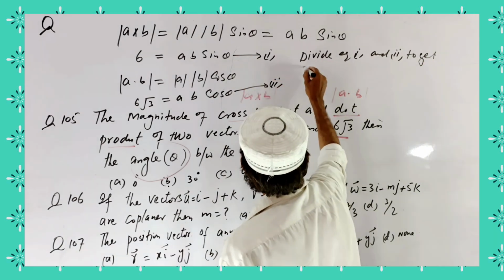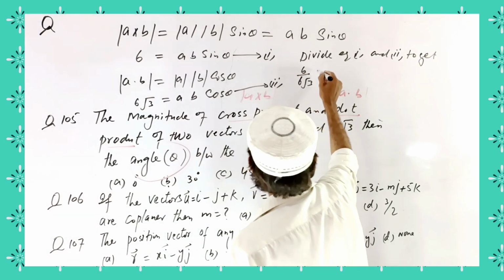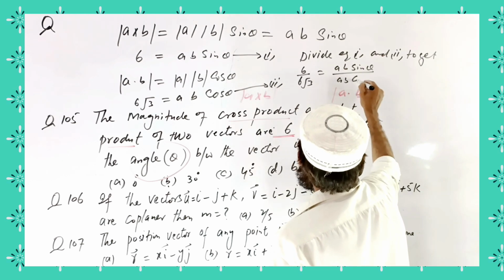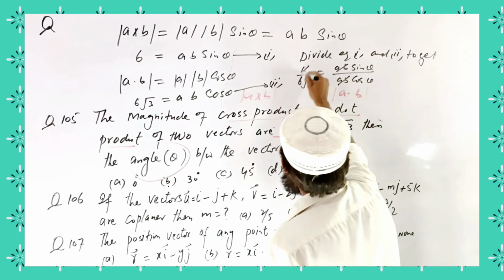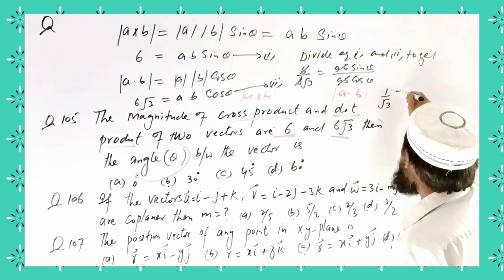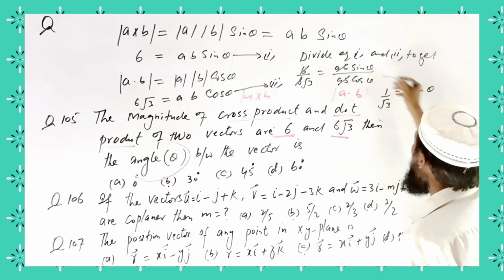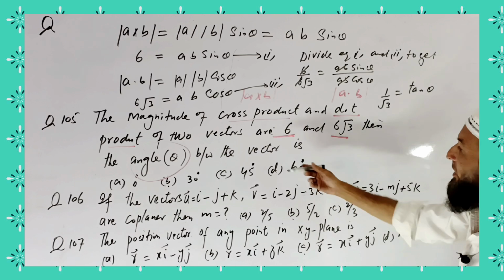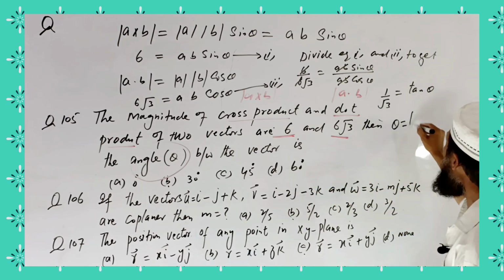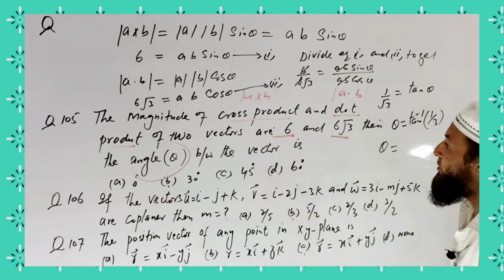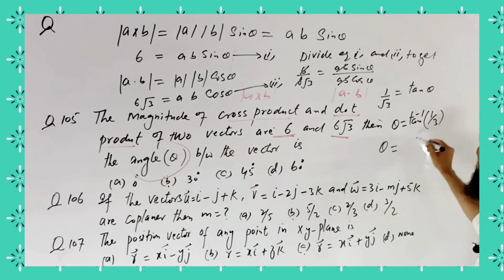So 6 divided by 6 root 3 is equal to AB sine theta divided by AB cos theta. AB cancels and the 6 cancels. We get 1 divided by root 3 equal to tangent theta, since sine theta divided by cos theta is tangent theta. Theta is required, so theta is equal to tangent inverse of 1 by root 3, which is 30 degrees.